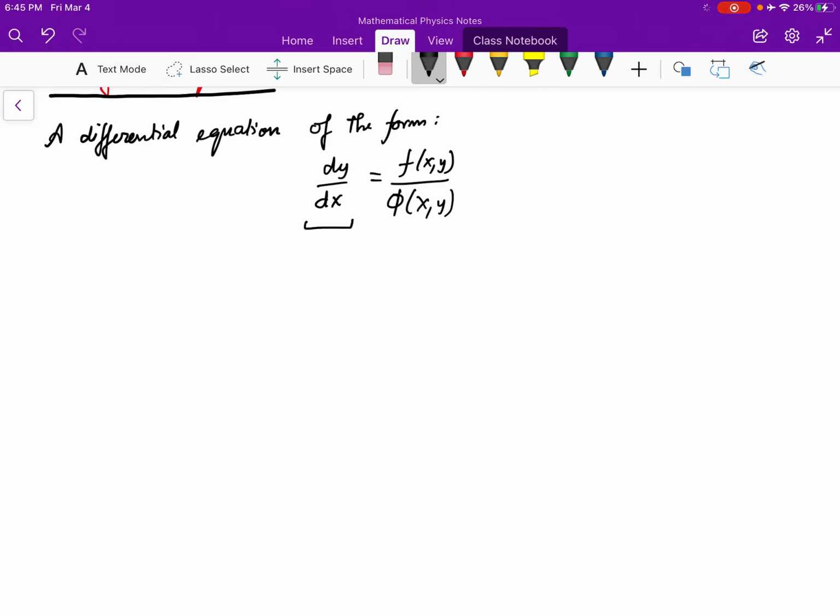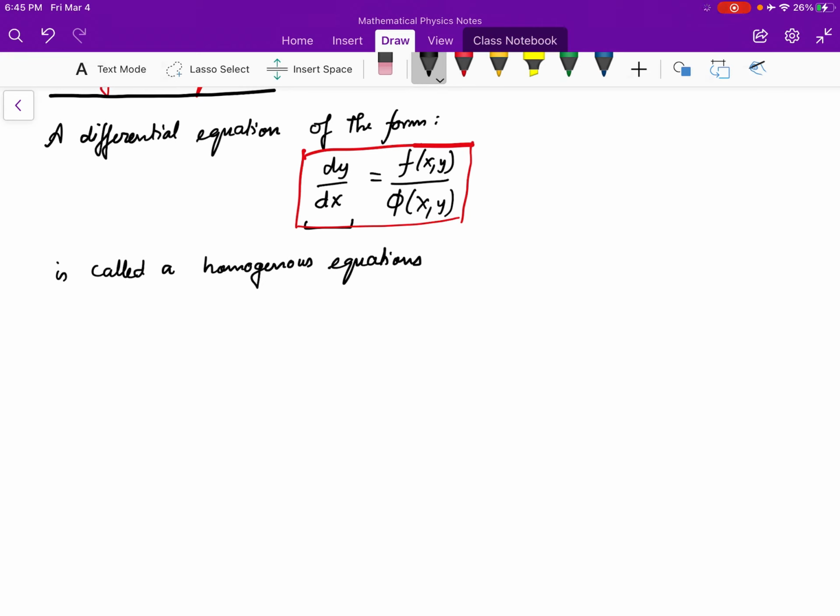So the equations which look like this, or have a form which resembles this kind of equation, are called homogeneous equations given certain constraints. And what are those constraints?